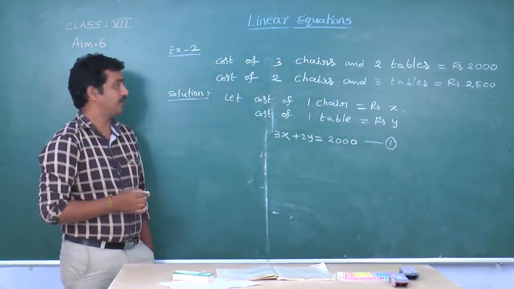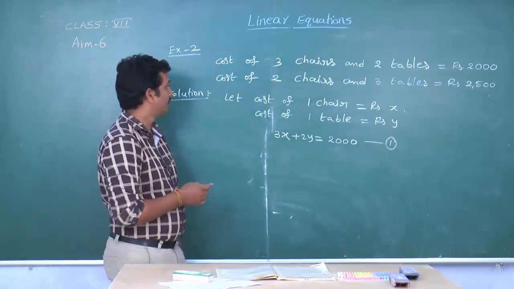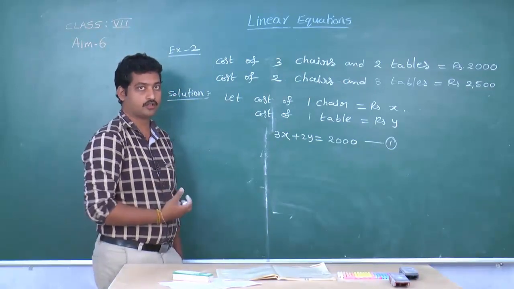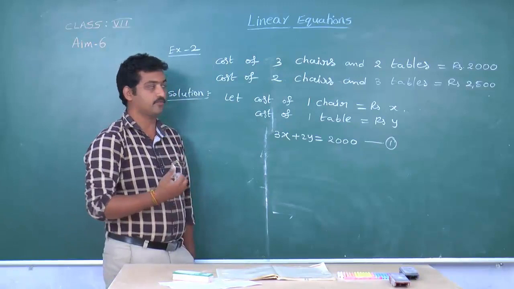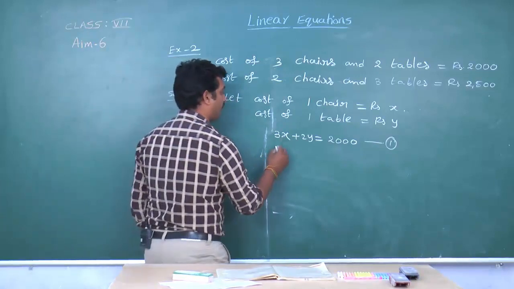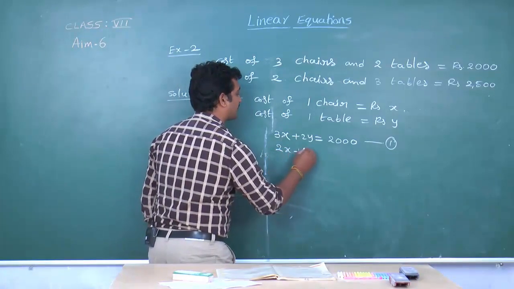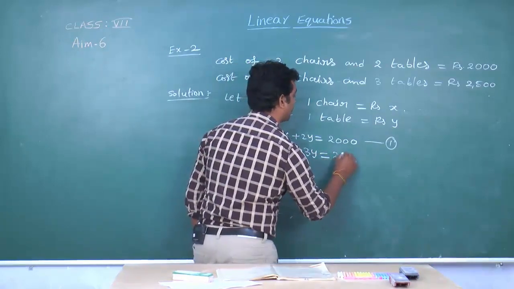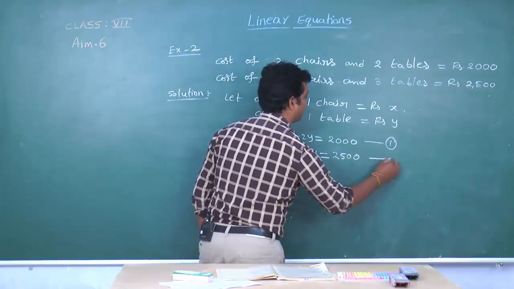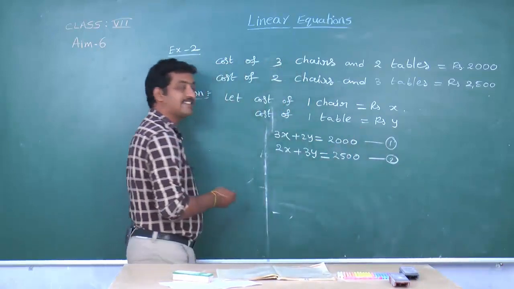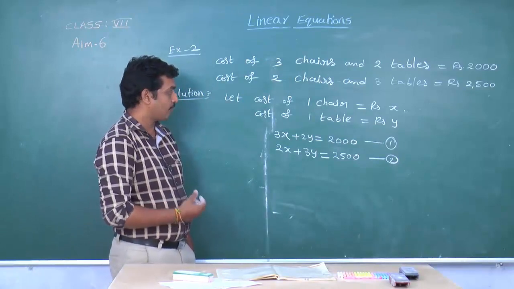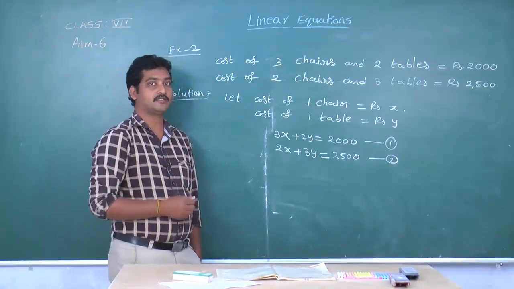From the second statement, what did you observe? Total cost of 2 chairs and 3 tables. Therefore, we get 2x plus 3y is equal to 2500. Let it be equation number 2. Children, if you observe, this problem is a special case. Why?